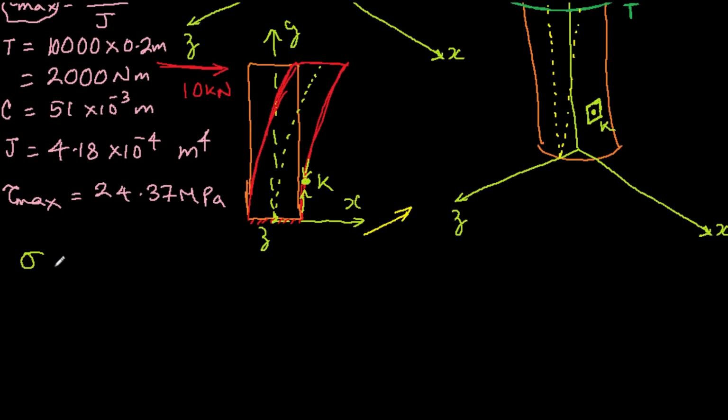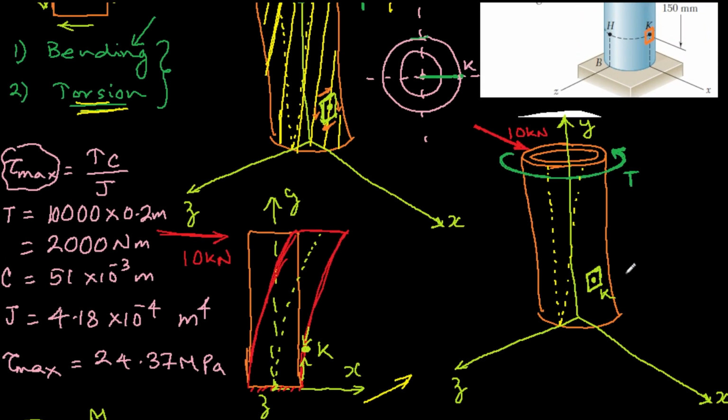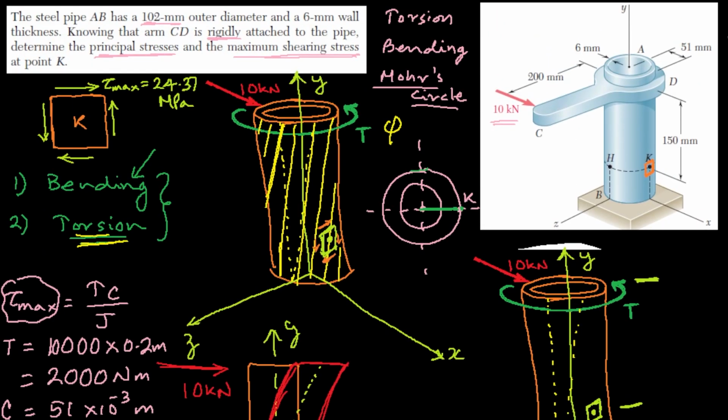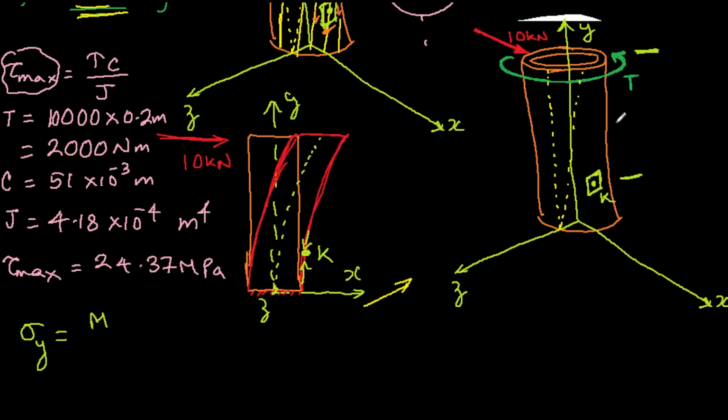So that stress obviously will be, say, sigma y. You can calculate it with the moment which is getting applied. So how much will that moment be? Now this distance is given as 150 mm, right? So 150 mm times this 10 kilonewton force. That's the moment applied at this point. You can think in another way: suppose you are trying to draw the bending moment diagram for this portion of the beam.